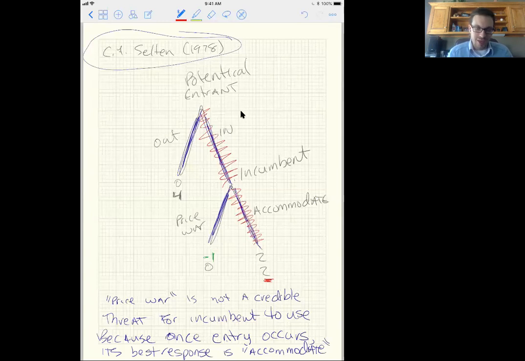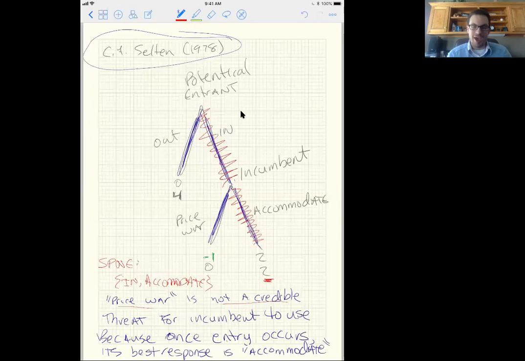So it turns out the Nash Equilibrium, indeed the subgame perfect Nash Equilibrium for this game, is in and then accommodate. And I spelled accommodate wrong. So anyway, what's the problem here? The problem for this game is that price war is not a credible threat for the incumbent to use. It's not sequentially rational.